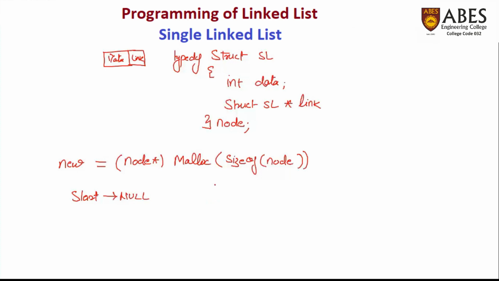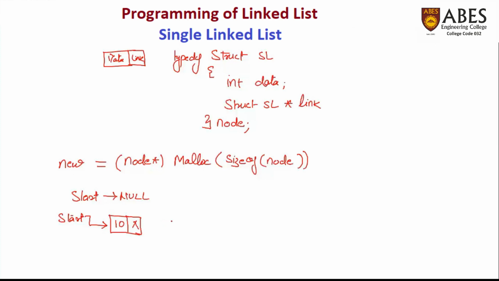Whenever the first node arrives, we have to change the value of the start pointer, and this start pointer will start pointing to the first node of the linked list. As the first node is being created, the start will start pointing to the first node. After this, whenever a new node is being inserted, suppose this contains 10, and initially this is the only node, so the link part of this node would be containing null.